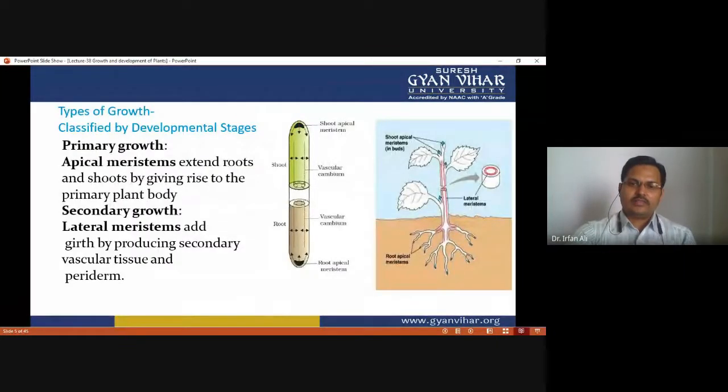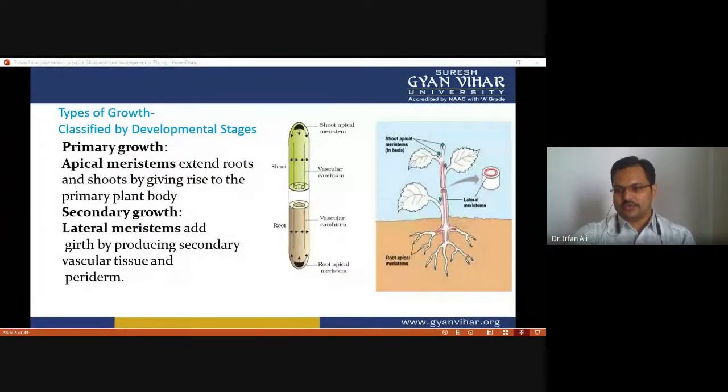So now we have to discuss types of growth. Growth in plants is divided into two parts, primary growth and secondary growth.